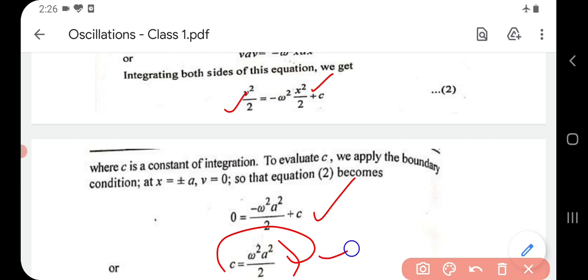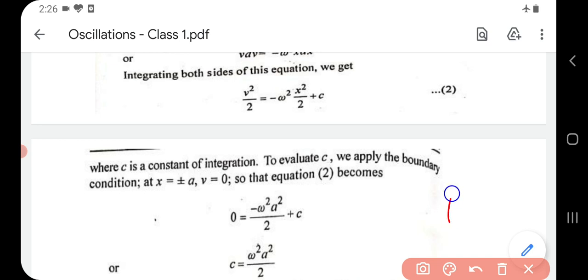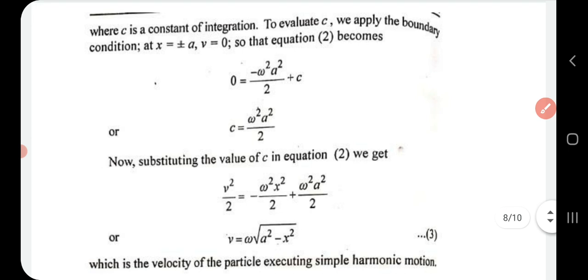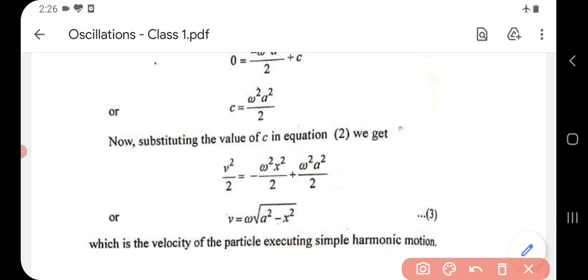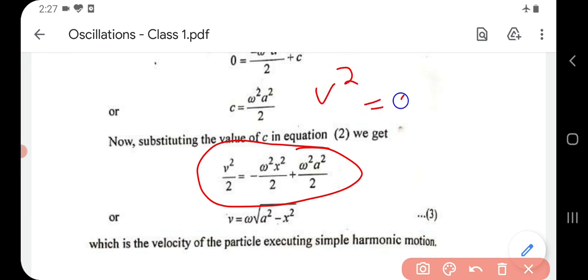Now substitute this value of c in equation 2. So equation 2 will become like this. From here 2 is common, that will get cancelled out, and then in the numerator you have v square equal to omega square is common, that is omega square a square minus omega square x square, right?